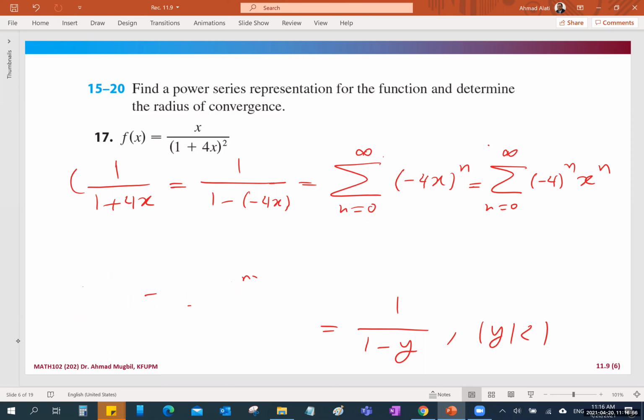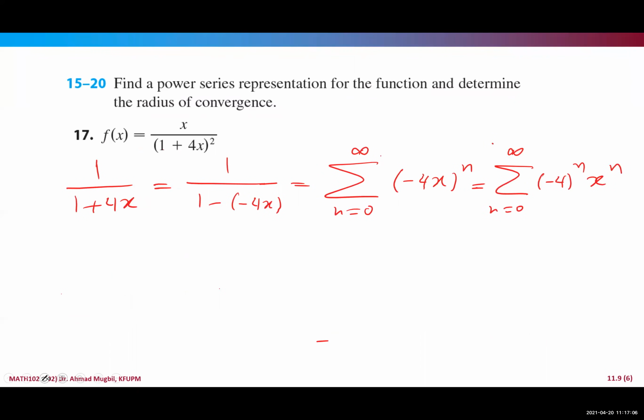Okay, so this is now this one. How to go from here to here? First of all, you need to find what? The derivative. Differentiate both sides. So what is the derivative of this? If you differentiate both sides, what will you have? The derivative of this will be 1 plus 4x all to the power 2, the square of the denominator.